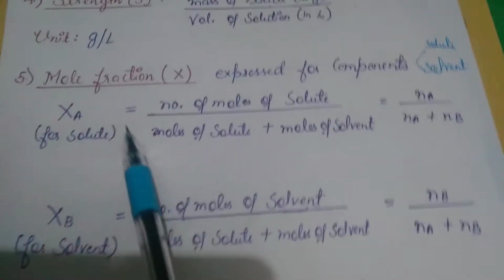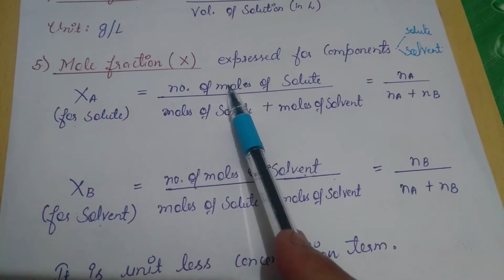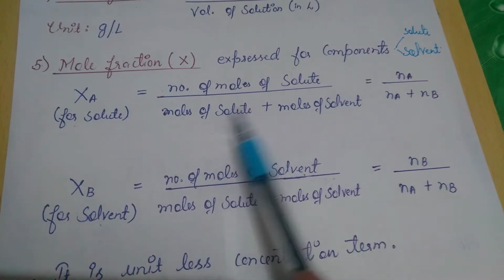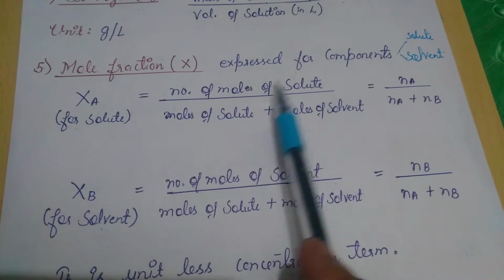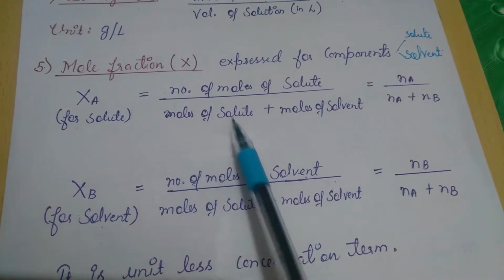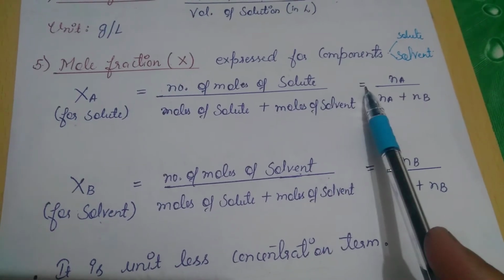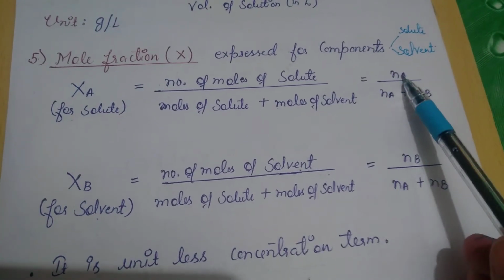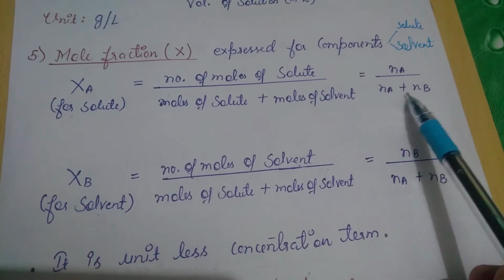Now see, this mole fraction is actually equal to the contribution by an individual component upon the sum total of both the components. So you can also say number of moles of solute upon moles of solute plus moles of solvent, meaning total solution. You can also express it in symbolic form: N means number of moles, so XA is Na upon Na plus Nb.